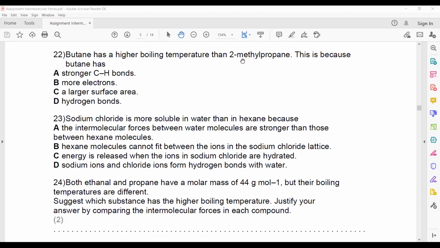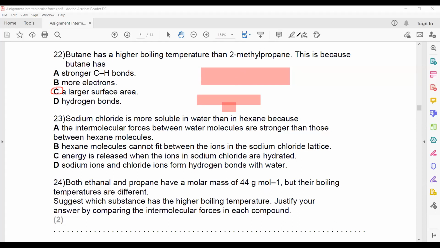Butane has a higher boiling point than 2-methyl propane, the branched one. What is the reason? Because the straight chain has a large surface area as compared to the branched.